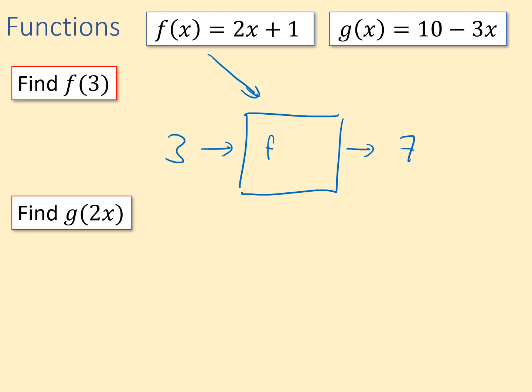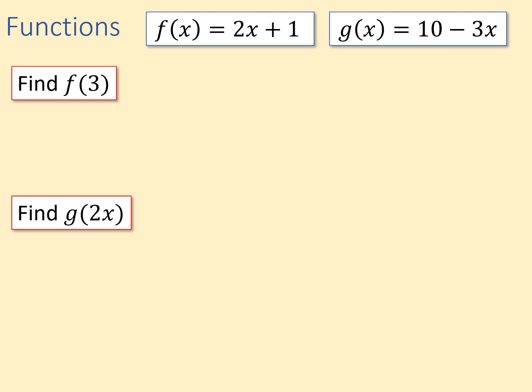So that's what we're doing, but let's look at it in algebraic notation. So if my function f of x is 2x plus 1, what I'm finding is the f of 3, and I'm going to use a different colour for that. So between these two lines, what I've done is I've replaced x with 3.